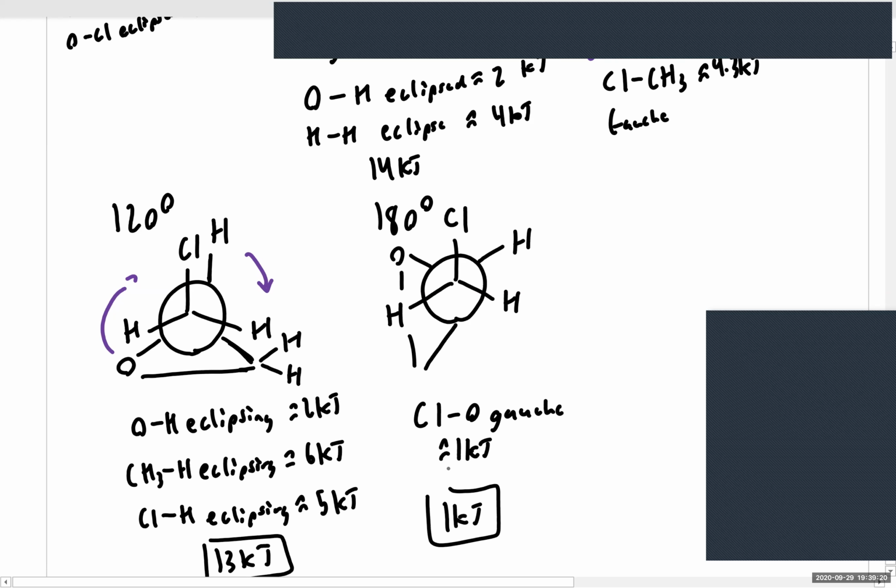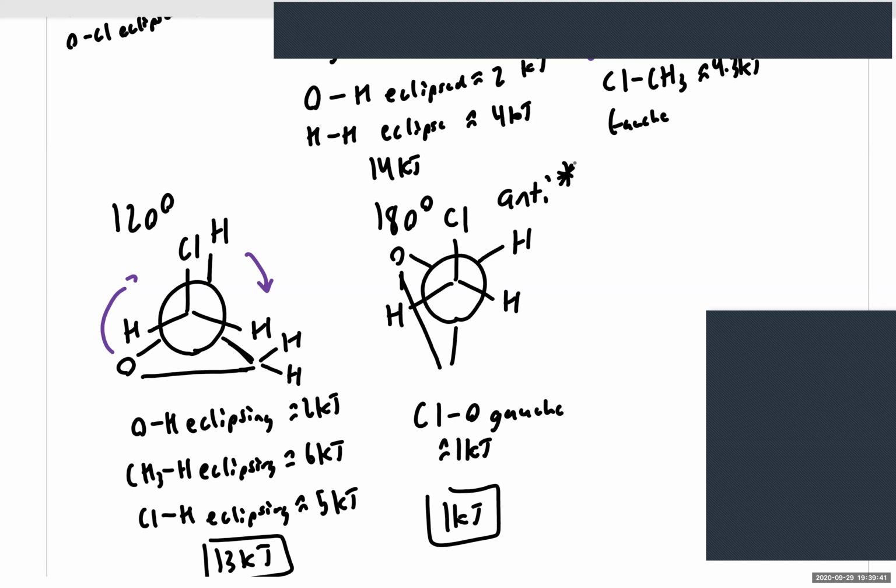This structure with a 180-degree dihedral angle between my bulkiest two substituents is the anti-conformation. And that makes sense. It's the lowest energy conformation because we have the greatest separation between our bulkiest substituents.